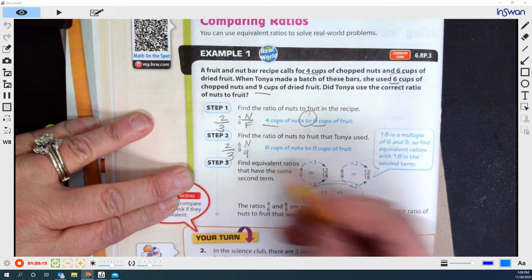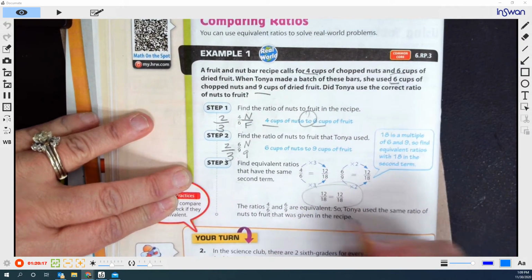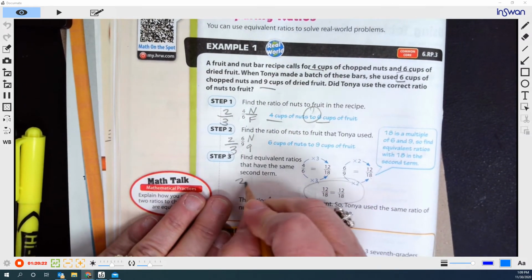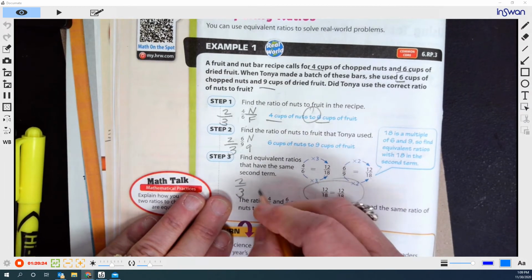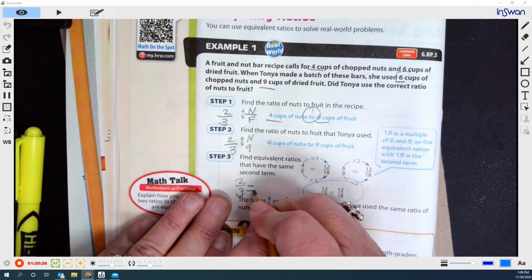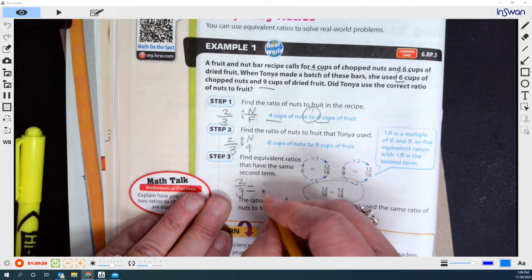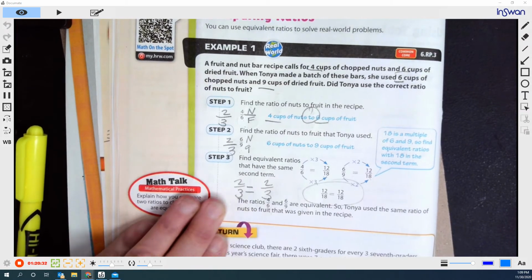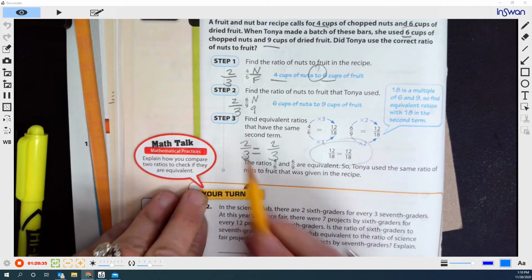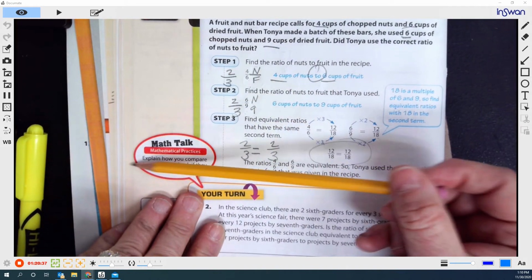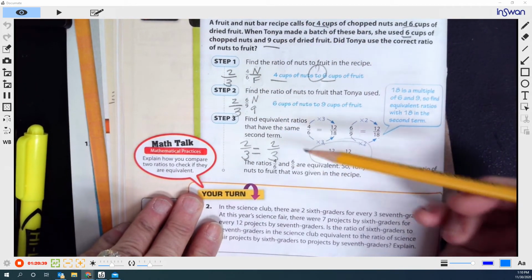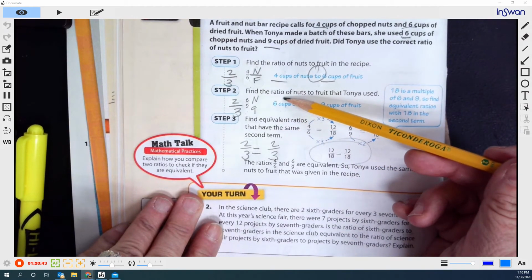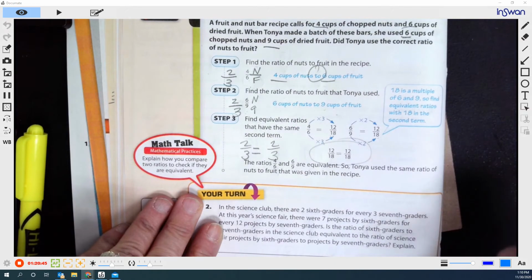So you have 2/3 and 2/3. So you can see, even though we know it's 12 eighteenths, if we simplify these, Tanya's is equal to 2/3 of the recipe. She just increased the amount that she's making. So one is going to be 10 cups and the other is going to be 15 cups.